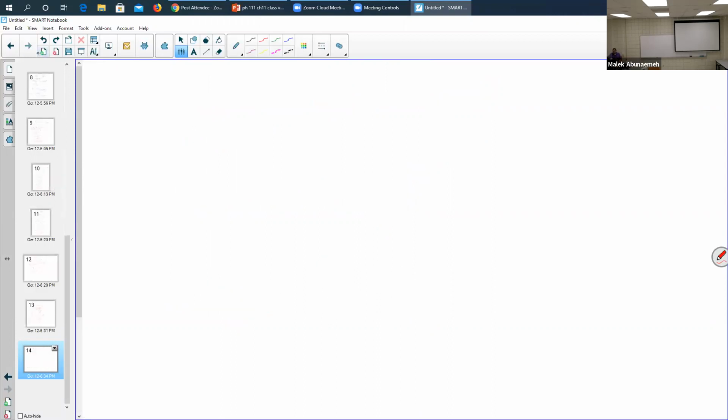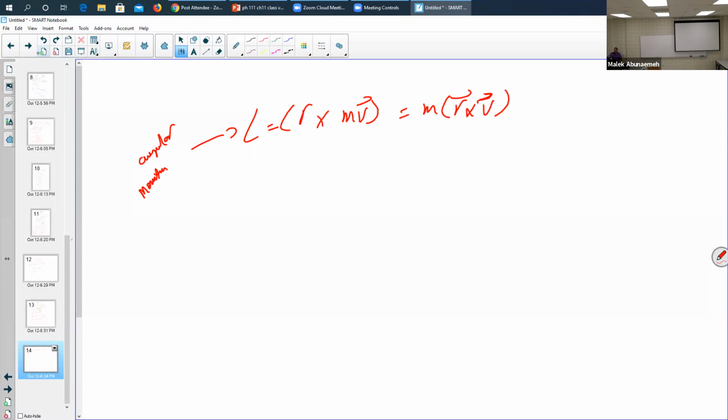Now, one thing I need to mention about the angular momentum. Let me just write this down. Angular momentum is going to be r cross mv, which is m r cross v. And r cross v, again, we defined before as rv sine theta.